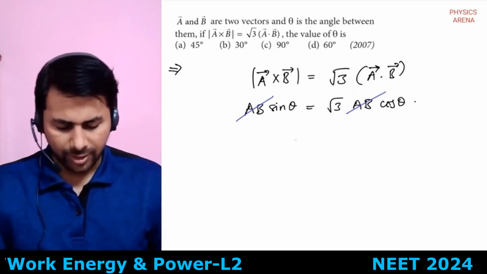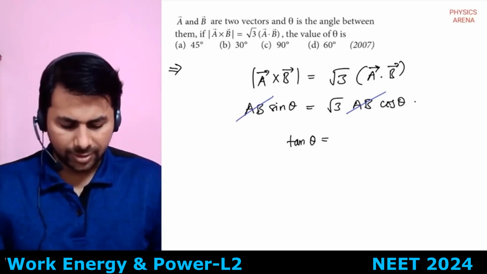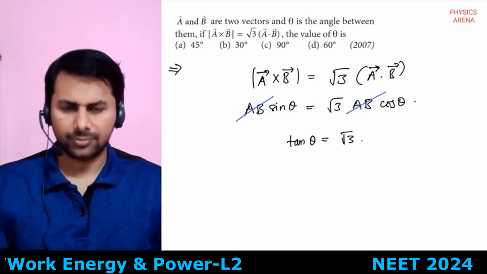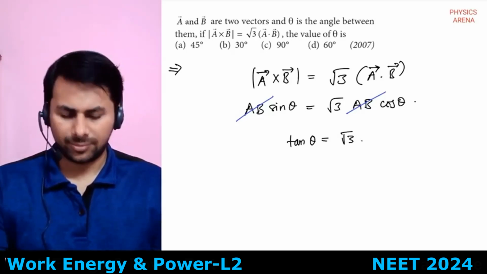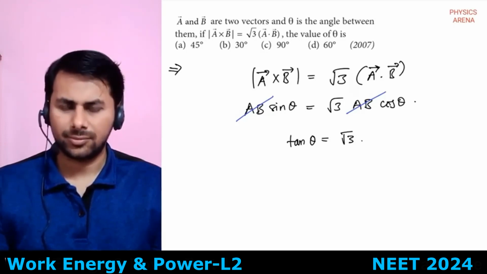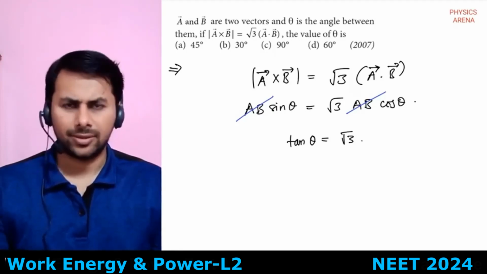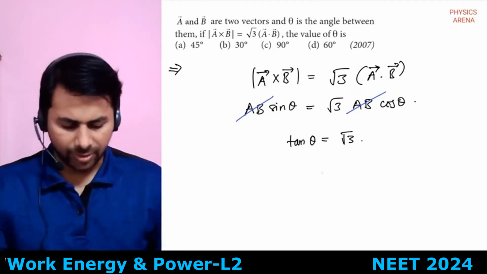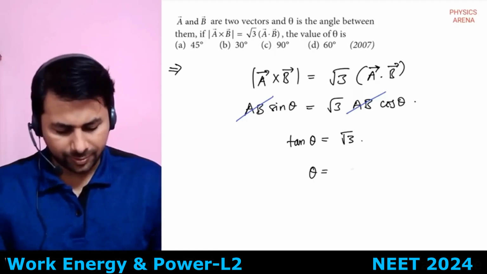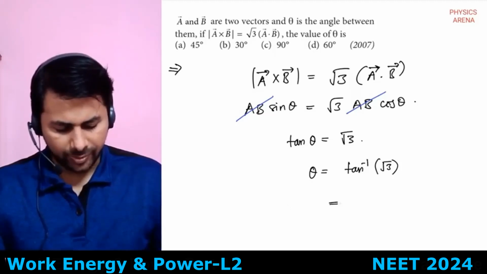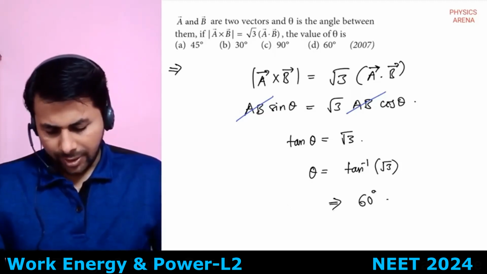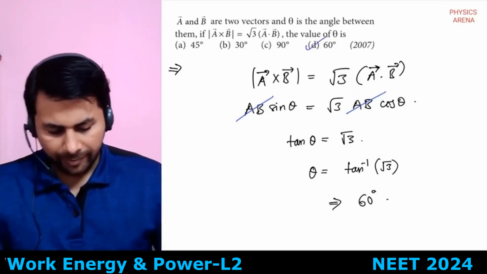So you have tan theta equals root 3. So what is theta? Right. Theta is 60 degrees, tan inverse of root 3. Okay. All right. So this is simple.